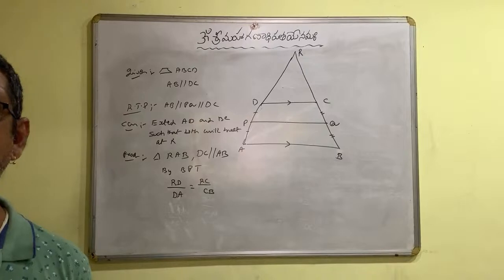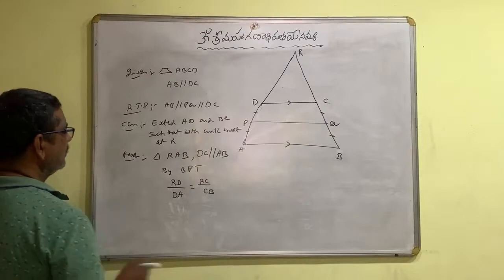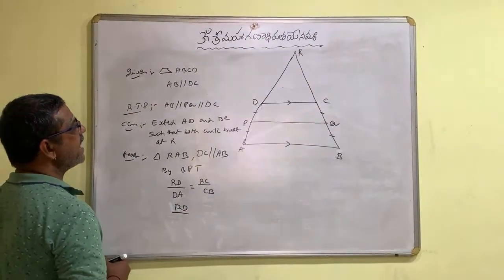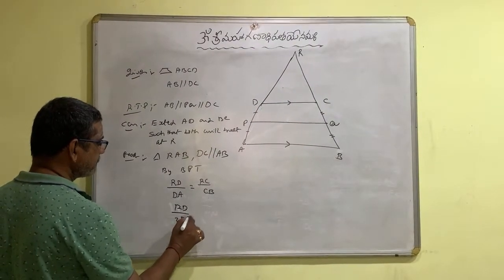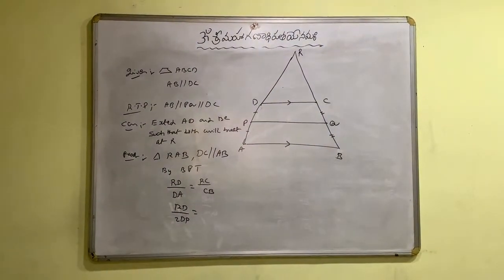RD by DA is equal to RC by CB. Now, RD by, instead of DA, I will write 2 DP. Is that right? Instead of DA, I will write 2 DP.